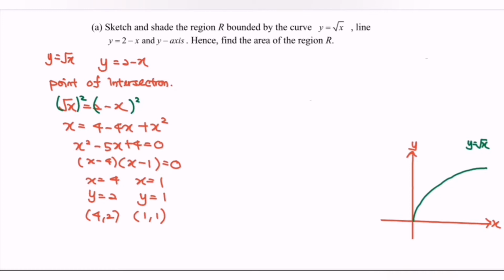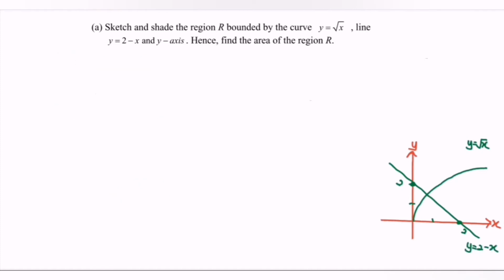So let's say here we have 1 and 2. If we substitute the value x equals 0, we will have y equals 2. If we substitute y equals 0, we will obtain the value of x equals 2. So here we have 1 and 2, and here we have y equals 2 minus x.